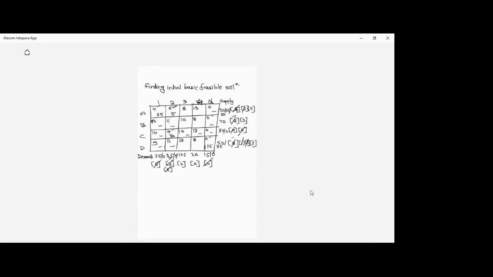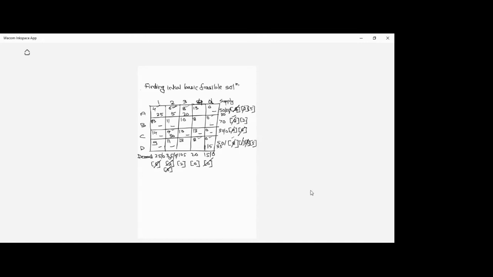If I consider my first row, the allocation should be done in this particular cell, and the maximum allocation that is possible is 20. In the last row, I will have to do the allocation here, and the maximum allocation that is possible is again 20 only. So there is again a tie, so I'll be solving this tie by arbitrary allocation.